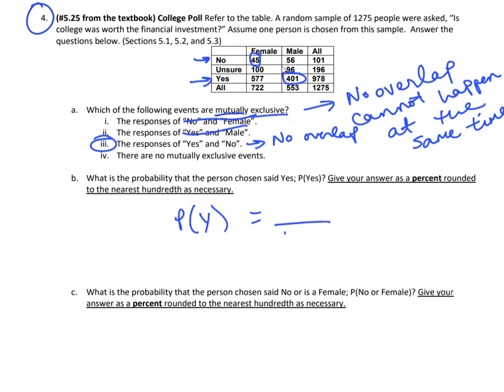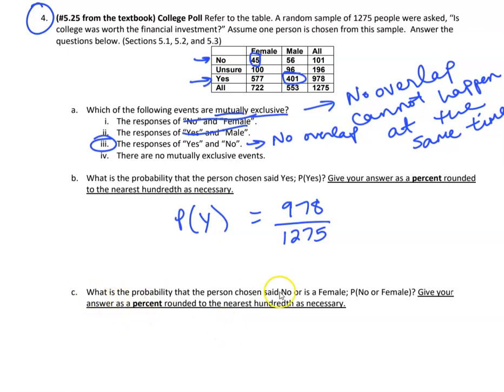So of the entire group of 1,275, it looks like 978 said yes. So that's going to be the probability there. I'm going to skip the changing it to a decimal, but make sure you know how to do that in your calculator. You do 978 divided by 1,275. And then to make it a percentage, remember, move the decimal 2 spaces to the right.